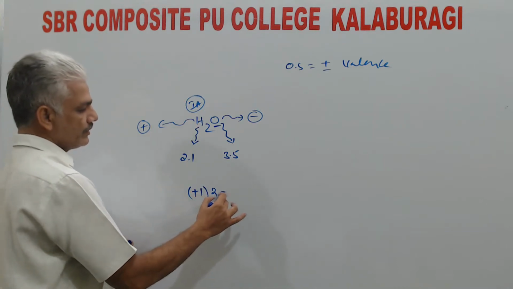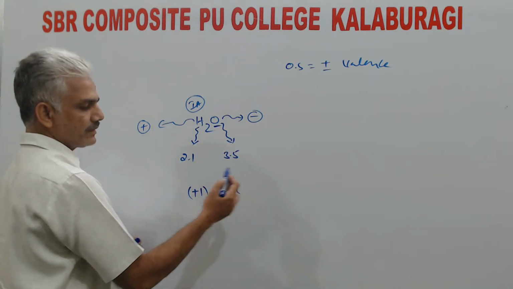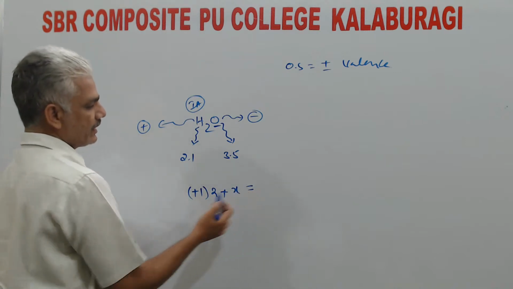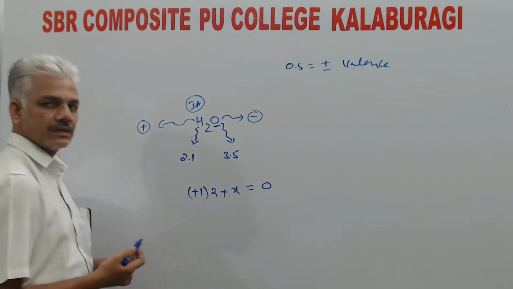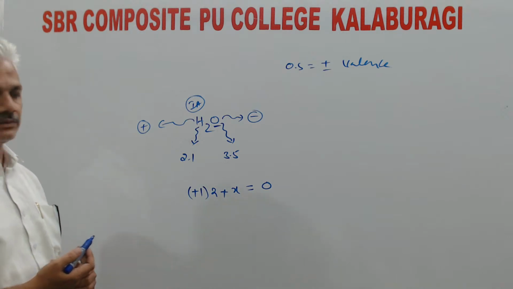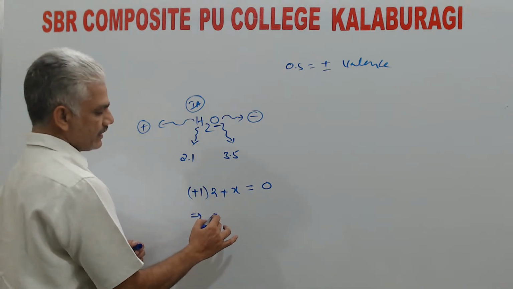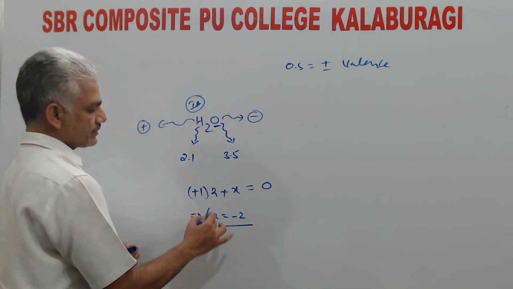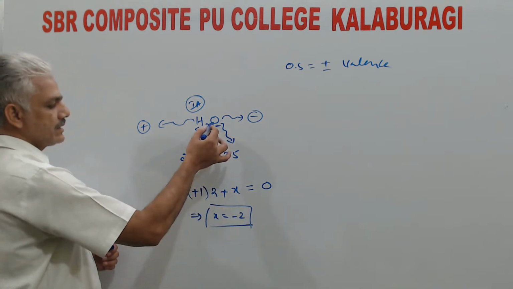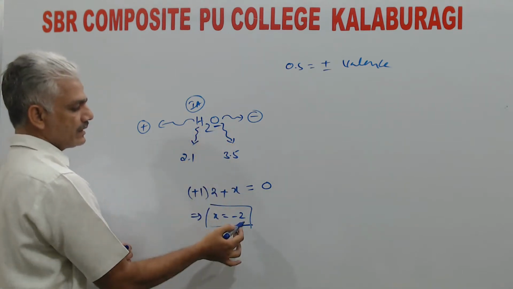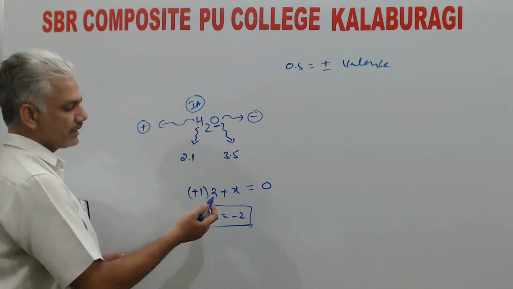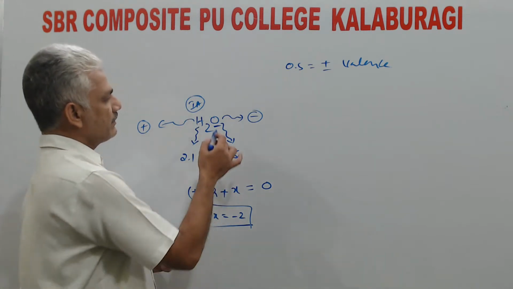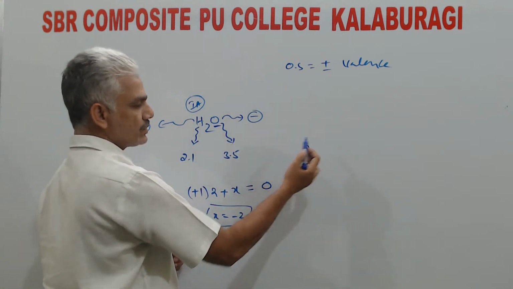So, 2 into plus 1, plus oxygen, which we want to calculate, say X. And the sum of the oxidation states in a molecule is always equal to 0. From this, the X value comes out to minus 2. That means the oxidation state of oxygen in water is minus 2. But if you carefully observe, the valency of oxygen is 2.